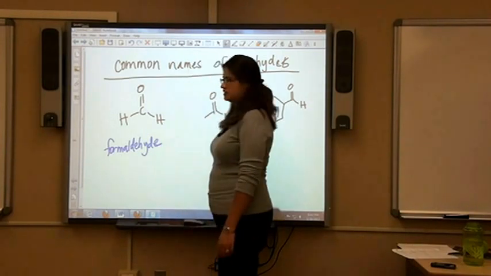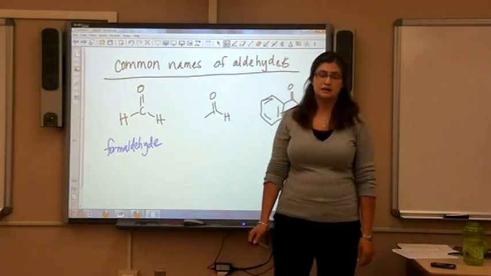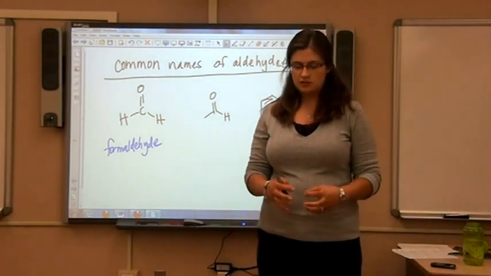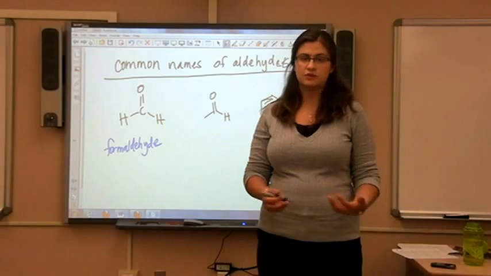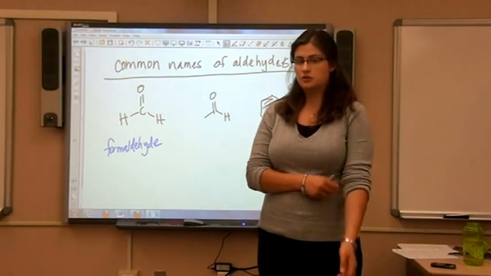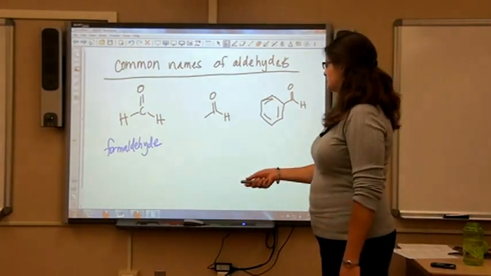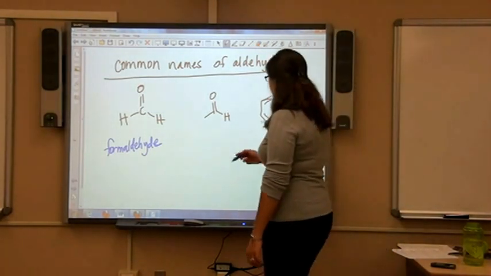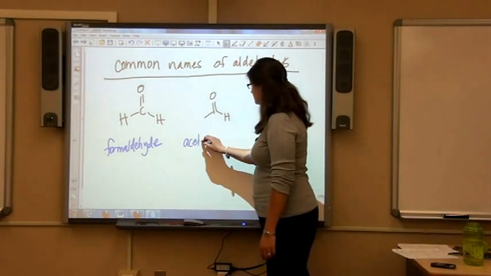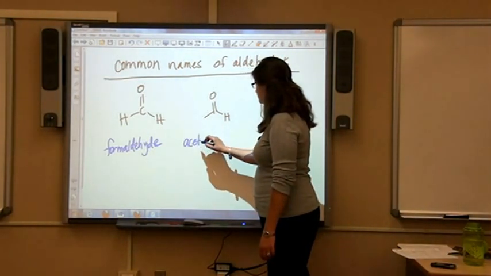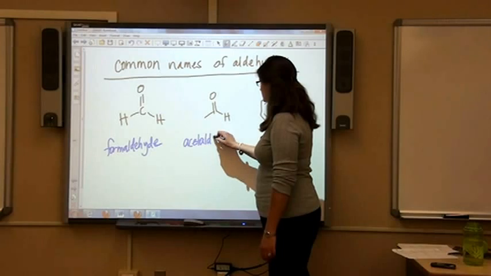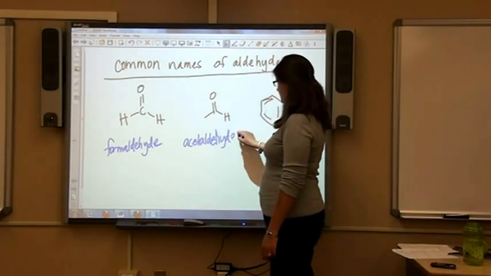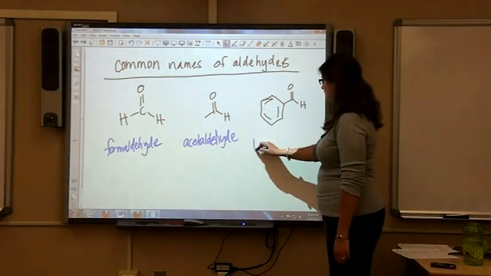In one of the previous sections, I was talking about how when you have methanol poisoning, your body breaks down the methanol and produces formaldehyde, which is toxic to a person. That is what formaldehyde is. It's like a pickling agent. This is acetaldehyde. And this is benzaldehyde.